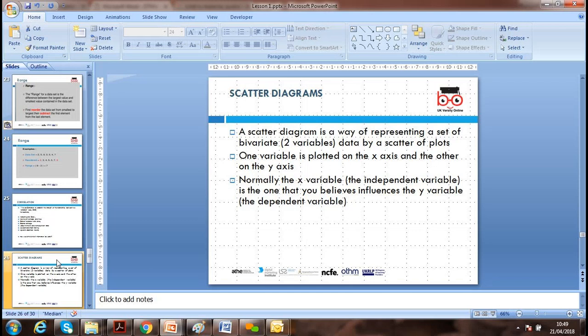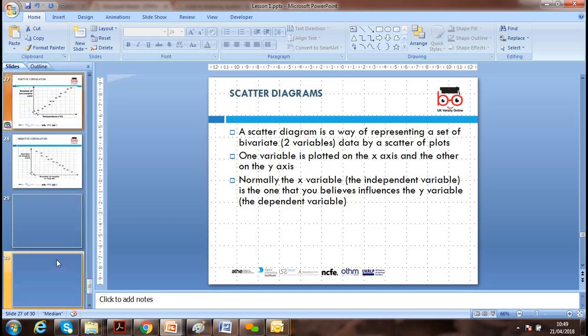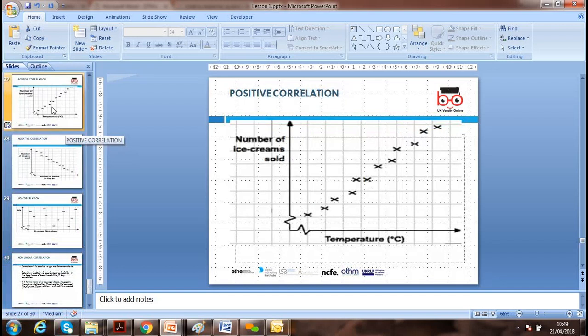A scattered diagram shows how scattered the points are from x to y. When we look here, temperature and number of ice cream sales is a relationship.